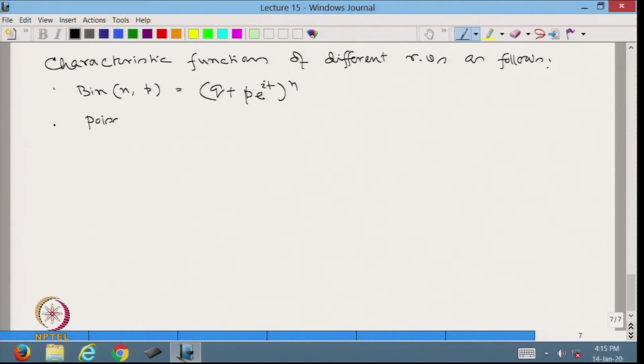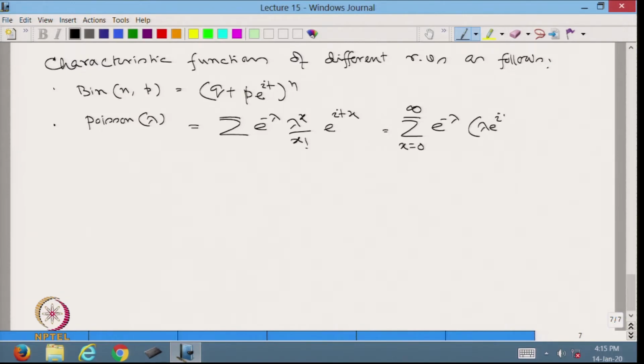Poisson lambda is equal to sigma e to the power minus lambda lambda power x upon factorial x, e to the power i t x, is equal to sigma, say x equal to 0 to infinity, e to the power minus lambda, lambda e to the power i t whole to the power x upon factorial x, is equal to e to the power minus lambda into e to the power lambda e to the power i t, is equal to e to the power minus lambda into 1 minus e to the power i t. That is the characteristic function of a Poisson random variable.